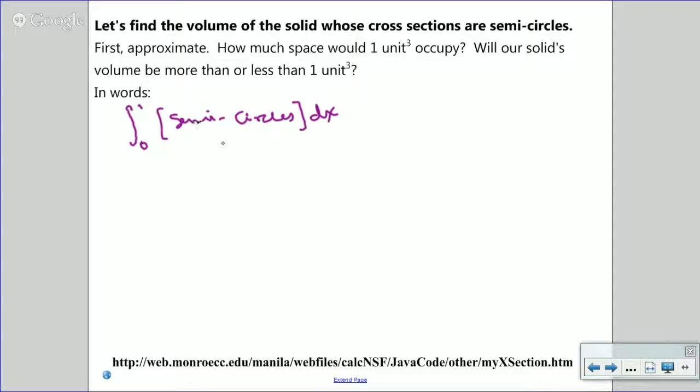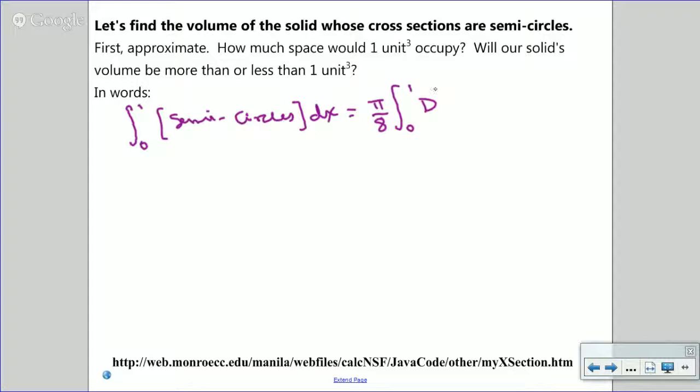Okay, so now that I've identified my shape, I'm going to go find my formula, which again you want to memorize. Again, go ahead and pull out all your coefficients in front of the integral. Okay, it'll make it easier to work with. So for a semicircle, my area is pi over 8 times diameter squared, right? So I'm going to pull out that pi over 8 in front of the integral.